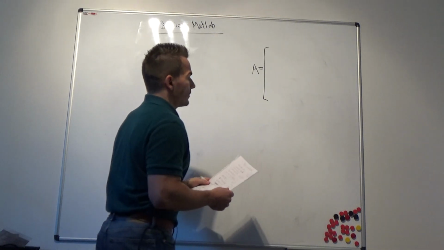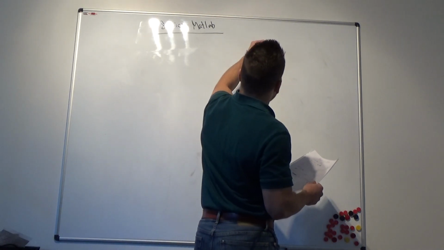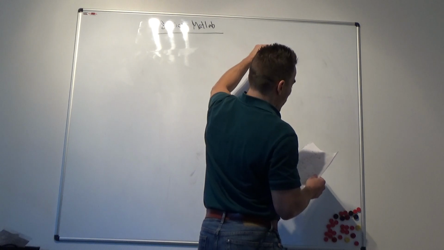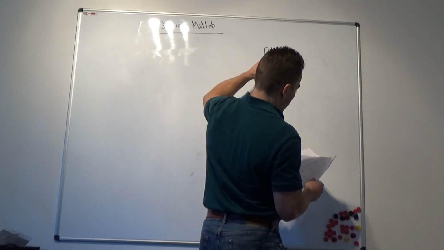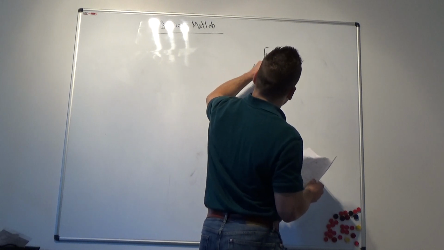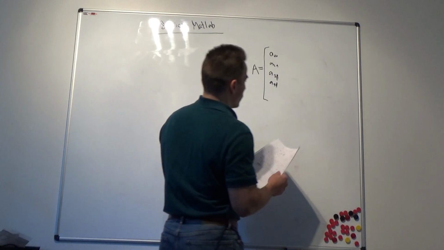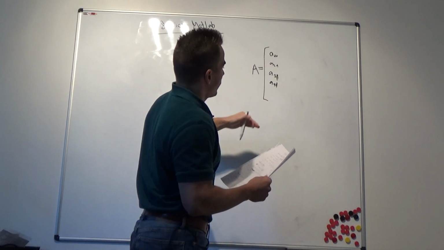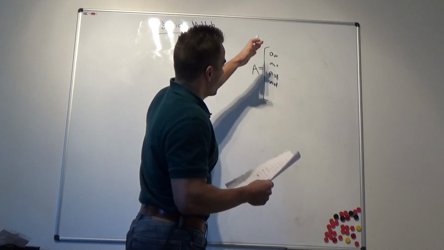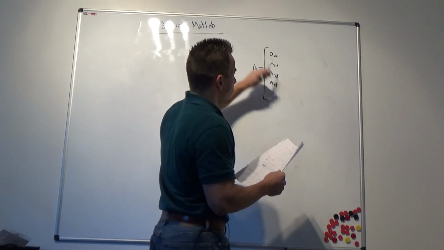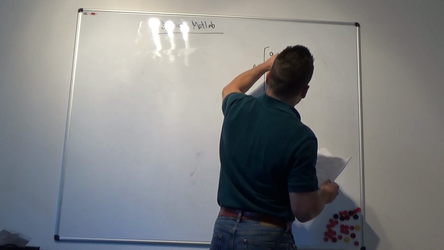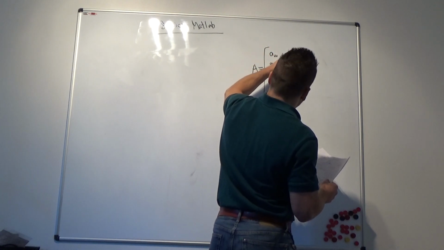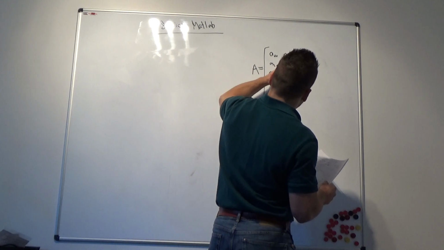Let us define a very general matrix A, with elements A11, A21, A31, A41. So the row dimension is 4. Then next we have A21, A22, A23, A24.